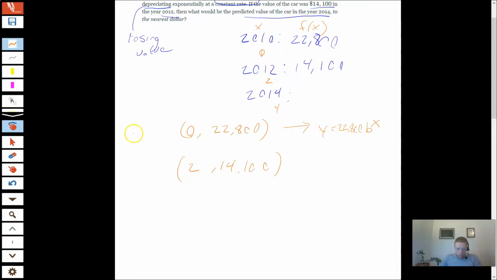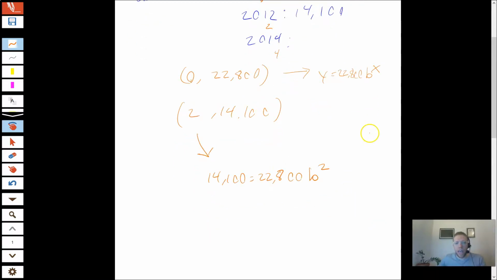And then I'm going to plug in this second point. So from the second point, I get 14,100 equals 22,800 times b to the 2. So that's what we're trying to find. And then I divide. So I get b squared is equal to about 0.618.